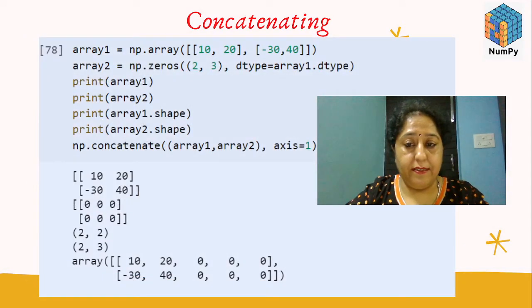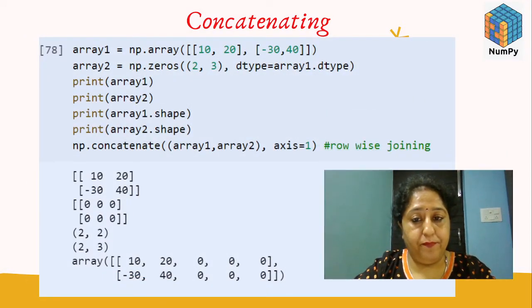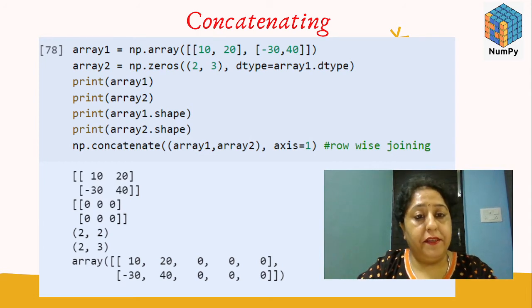Let us understand this with an example. See here, you have two arrays. The first array is array 1, which is created by using the array function having two lists. The first list has the values 10, 20 and the second list has the values minus 30, 40.